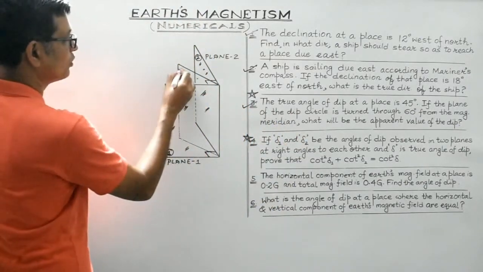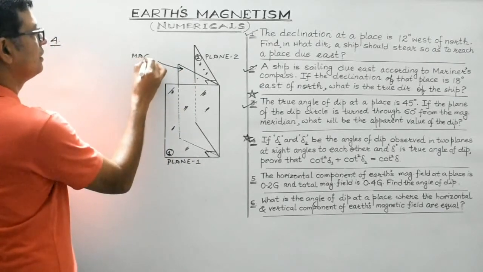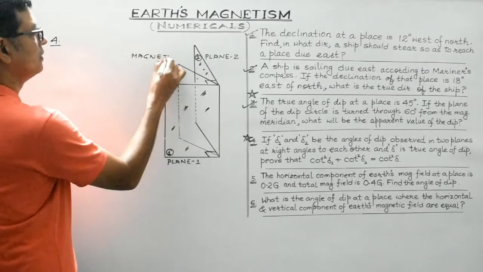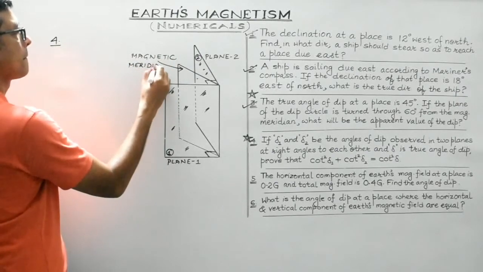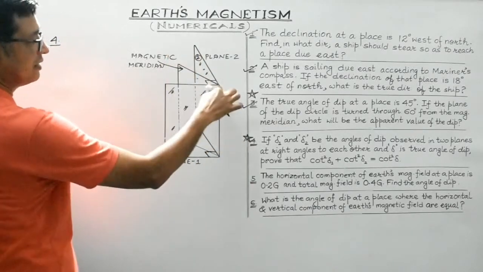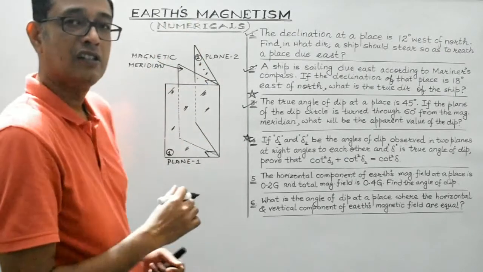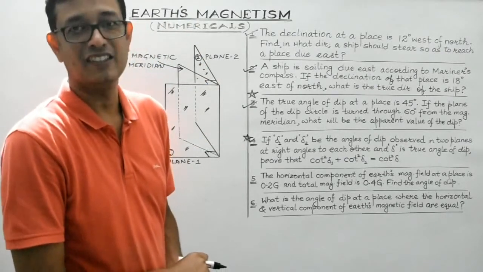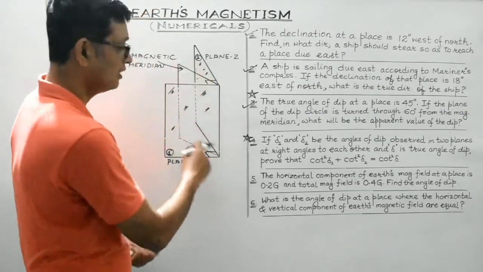Let us consider this to be the actual magnetic meridian, that is, the vertical plane which passes through the magnetic axis, and therefore the Earth's total magnetic field will be in this plane.